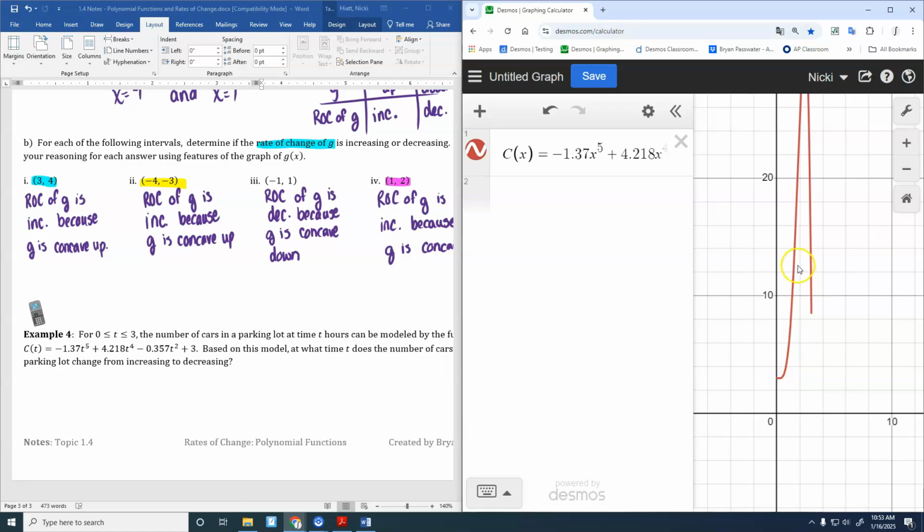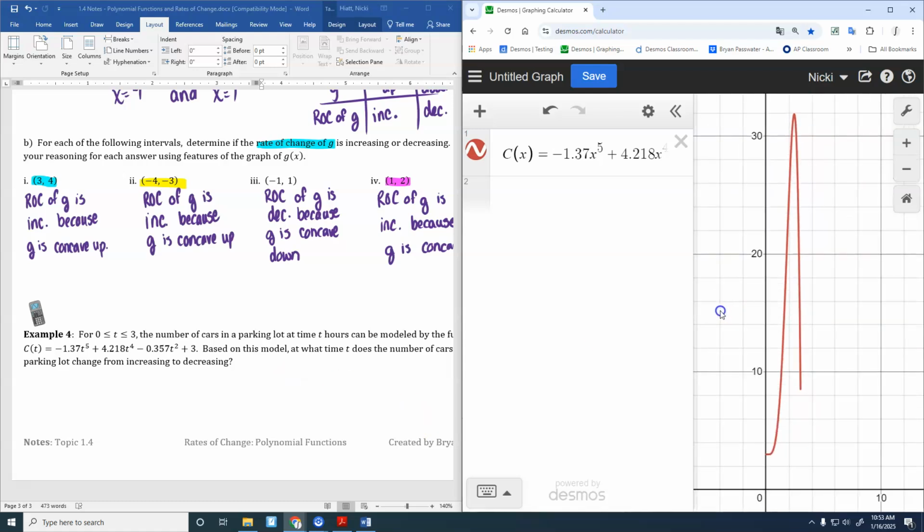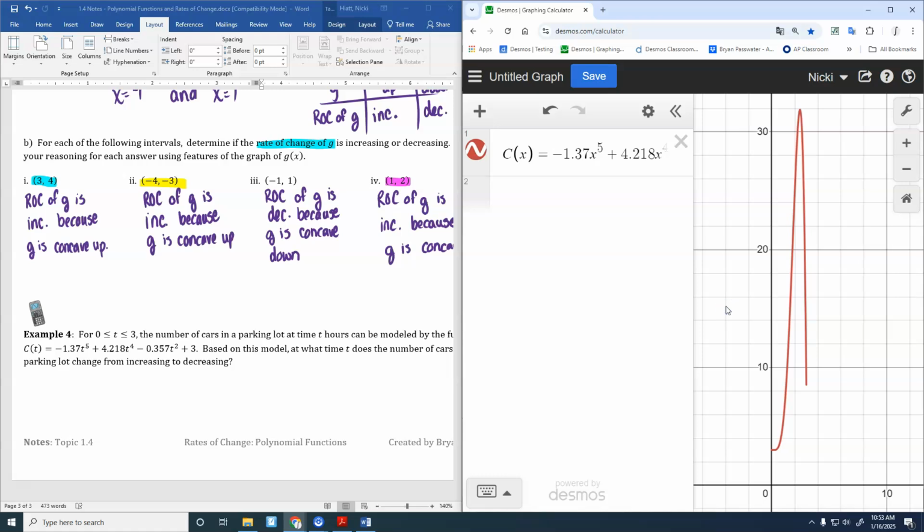So that is helpful so that you don't have extra pieces that you're looking at. It gives the number of cars in a parking lot at time t hours can be modeled by the function given here. Based on this model, at what time does the number of cars in the parking lot change from increasing to decreasing? So where on this graph does our number of cars switch from increasing to decreasing?